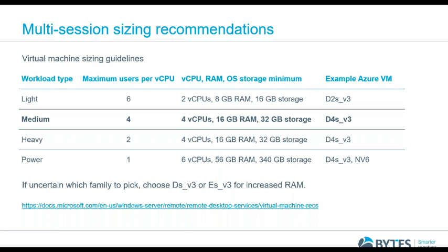So unless you know compute's going to be an issue, increase the RAM before you increase the compute size. Just for your benefit, for most of the sizes of the ES and DS, where say you've got a DSV3 versus an ESV3, the ES will have twice the amount of memory than the DS.